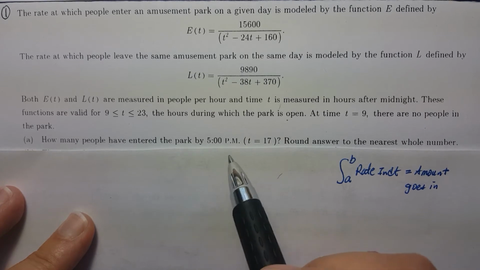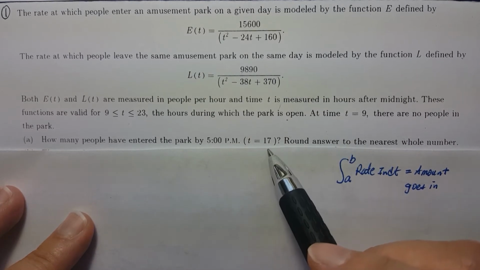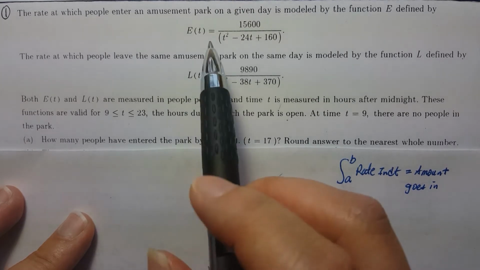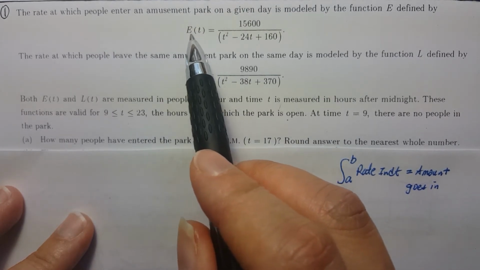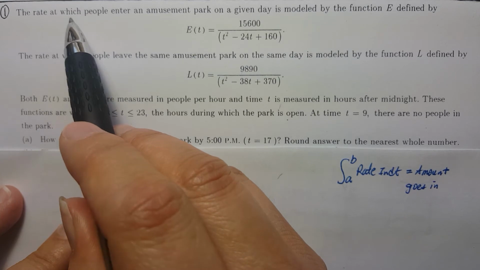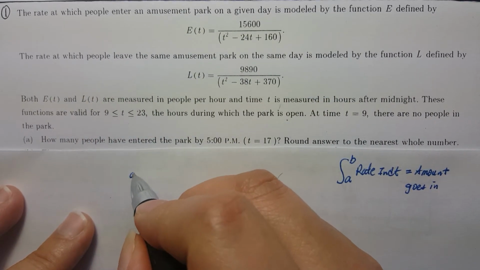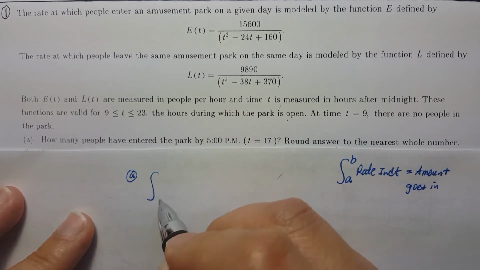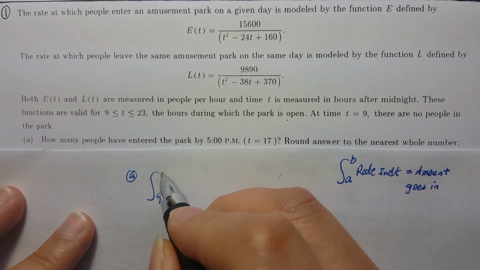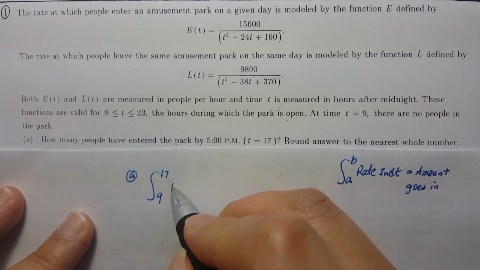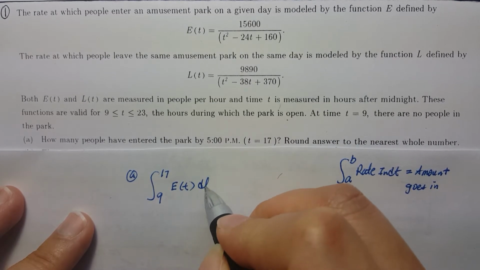So now we have the time 9 to 17, and you want to find how many people enter. Therefore you have to use E of t, because that's the rate at which people enter the park. So for part A, we're going to do the integral from the beginning time to the time that you want to calculate, t equals 17, of E of t dt.